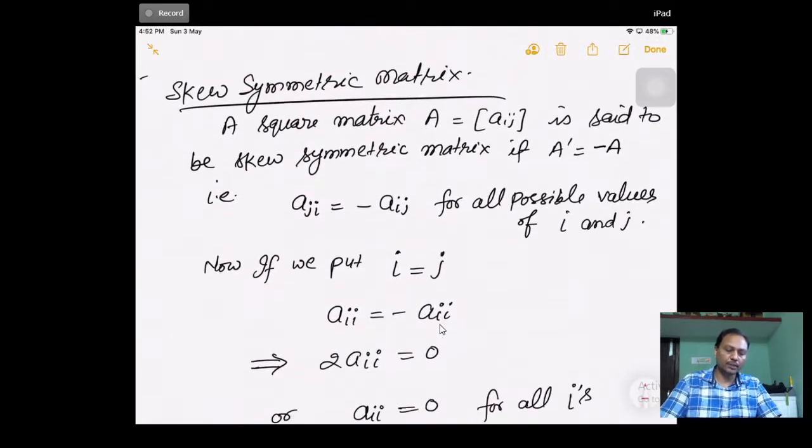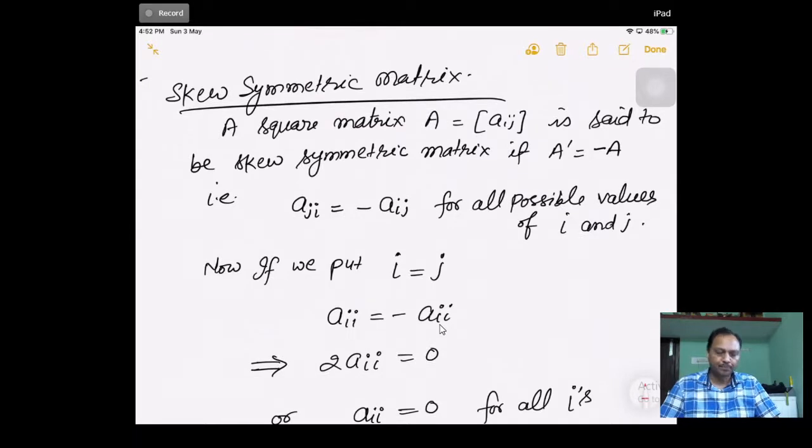Now the next one is the skew-symmetric matrix. It is also a square matrix. A square matrix A, with elements represented by aij, is said to be a skew-symmetric matrix if the transpose of that matrix is equal to the negative of that matrix, means if that matrix is multiplied by minus 1, or after changing the sign of all the elements.